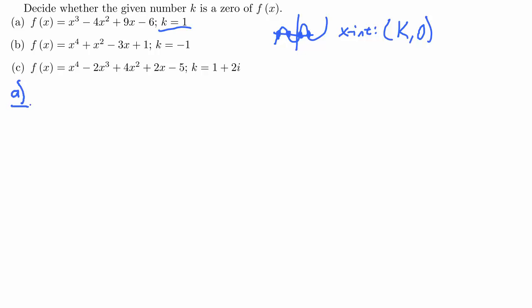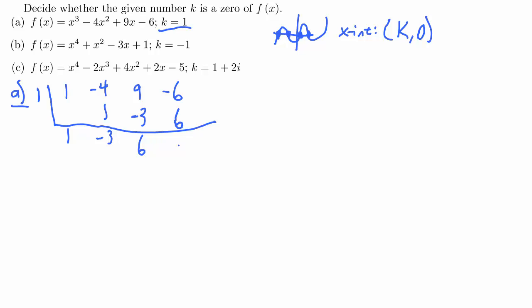So let's look at A. Well, we have 1, and then we're going to synthetically divide using that 1. So our coefficients are 1, -4, 9, -6. Bring down the 1, multiply, add, multiply, add, multiply, and add.